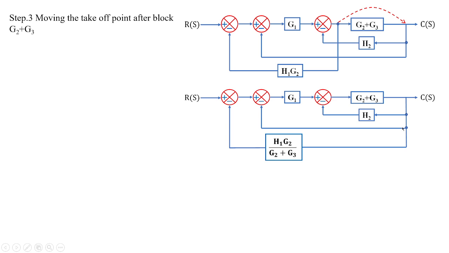The main principle involved here is that the path which is selected gets divided by the block G2 plus G3 in this fashion.